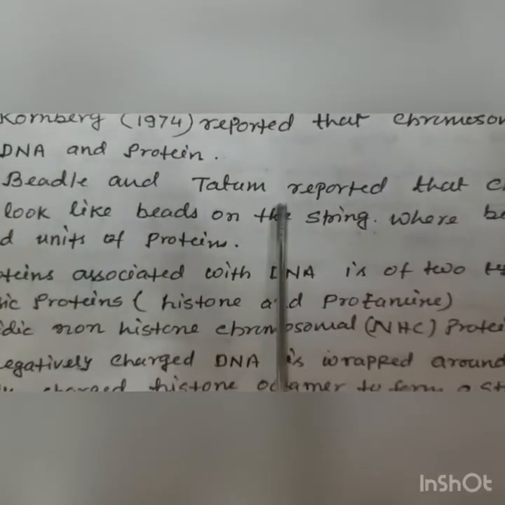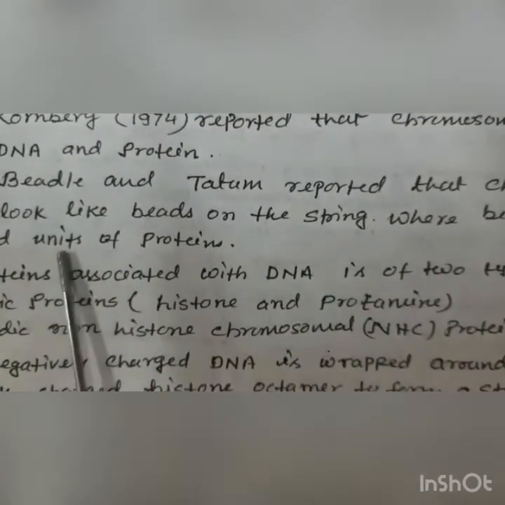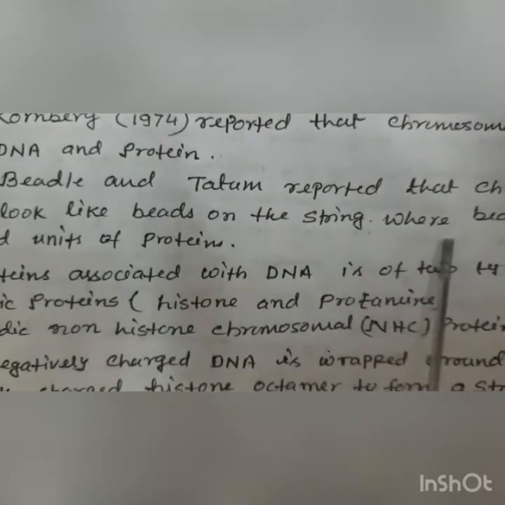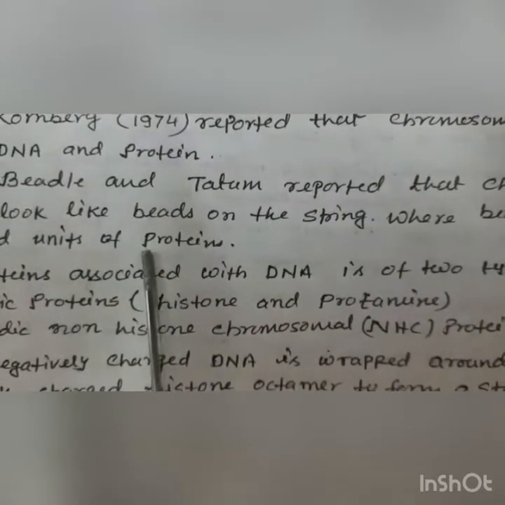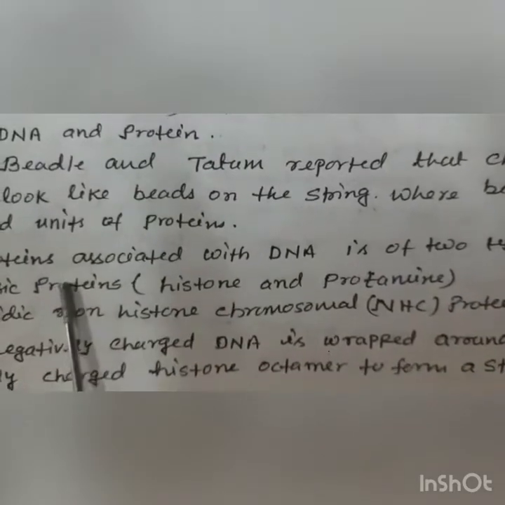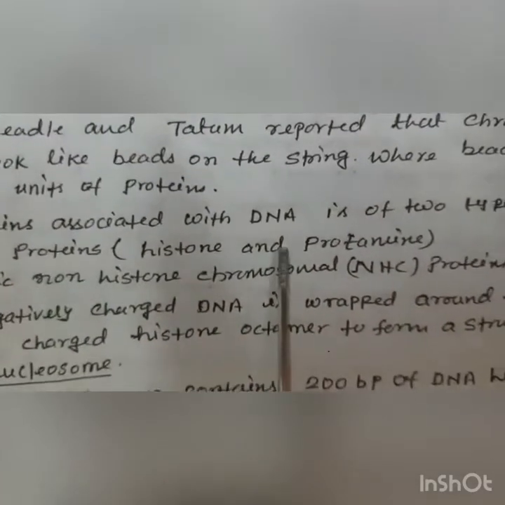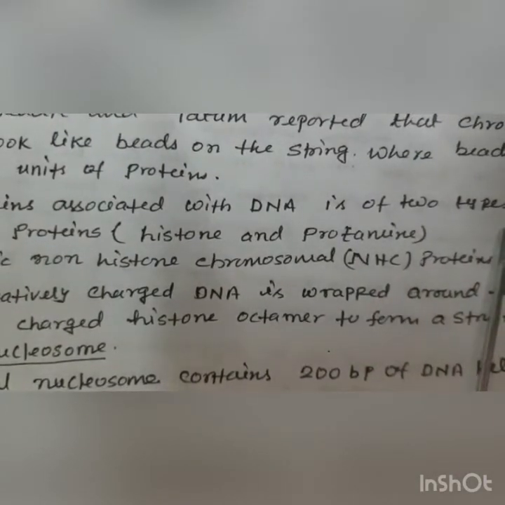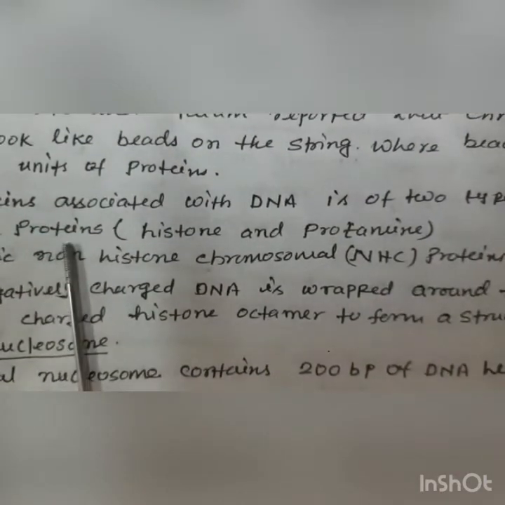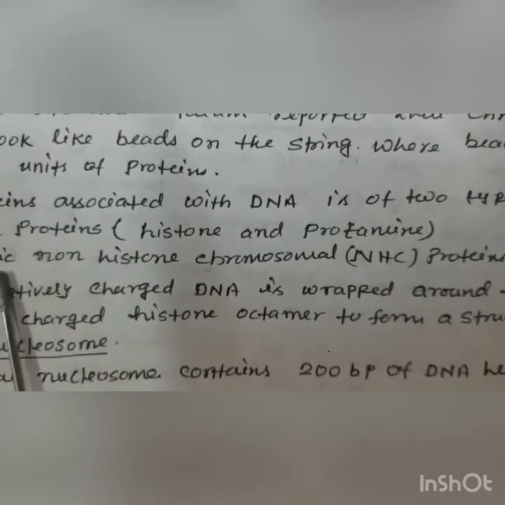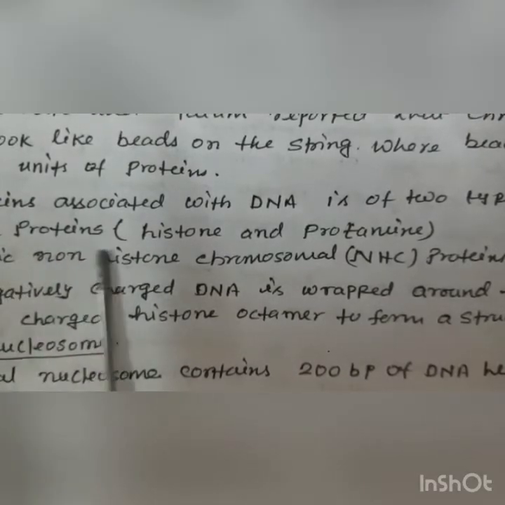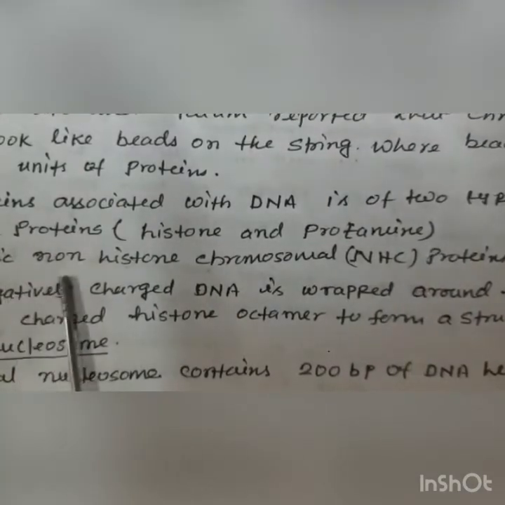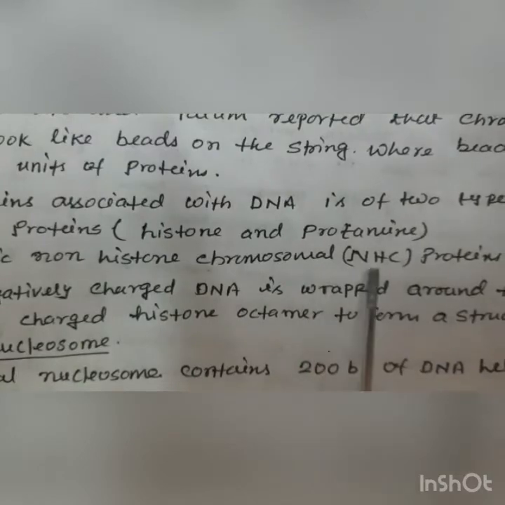Later, Biddle and Tatum reported that chromatin fibers look like beads on the string, where beads are repeated units of proteins. The protein associated with DNA is of two types. One is known as the basic proteins, another is known as the acidic. Basic proteins consist of histone and protamine, and acidic is the non-histone chromosomal protein.